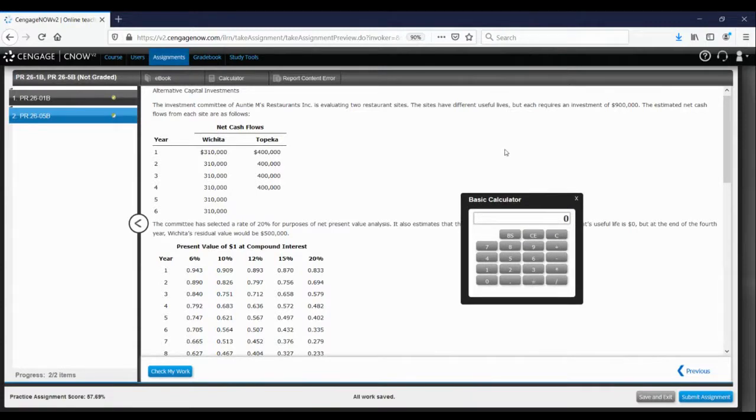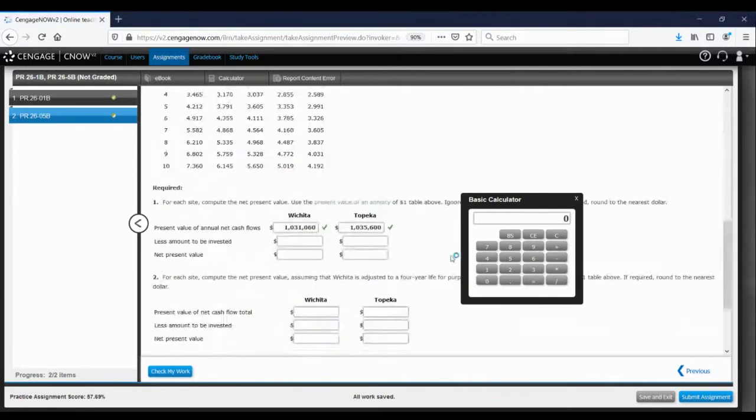And in the first line of this problem, they told you that each investment was going to cost $900,000. So 900,000 goes here in each one of these. And then to find the net present value, I'm going to subtract my amount invested from my total present value.